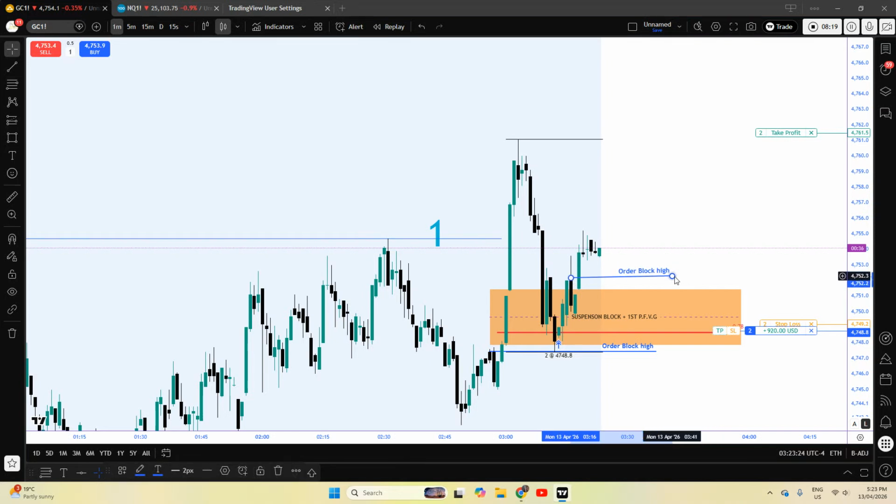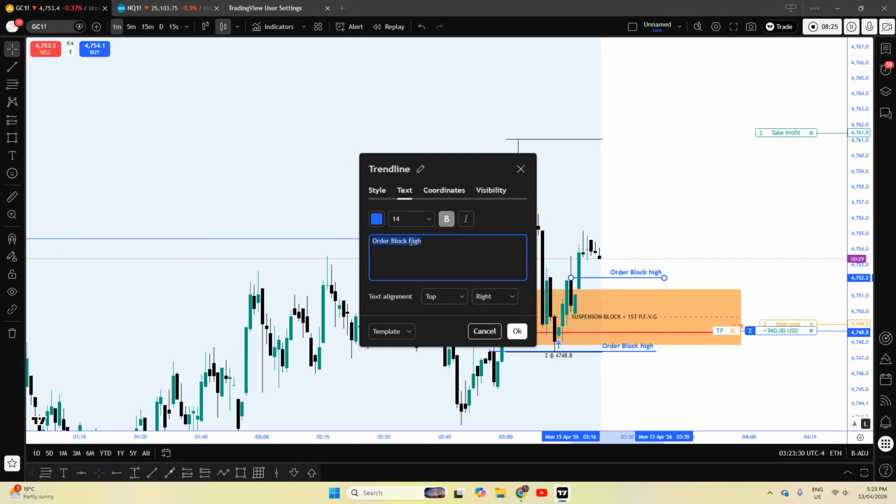Okay, I don't want to see any candle closures below here. So there's a propulsion block. So let's see if it's going to hold price high.